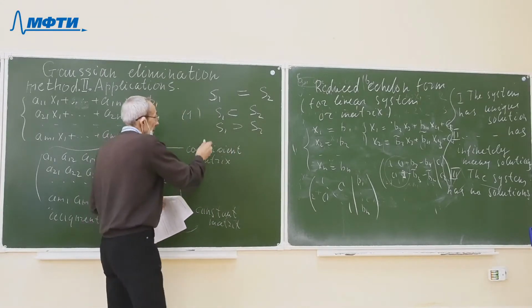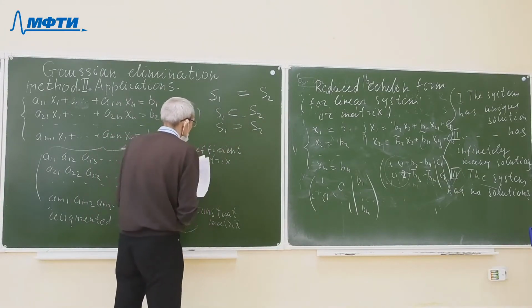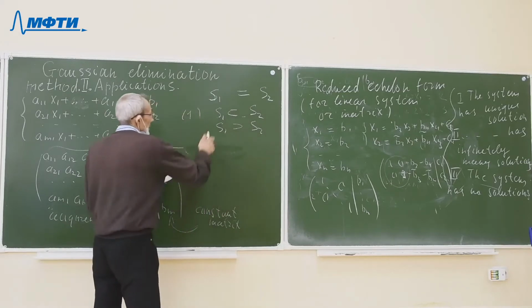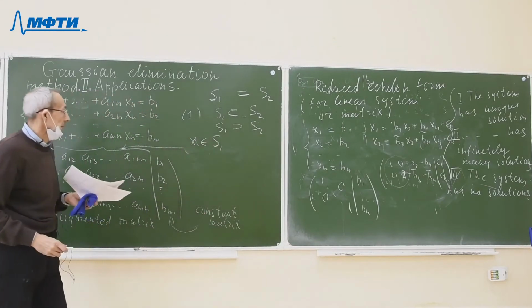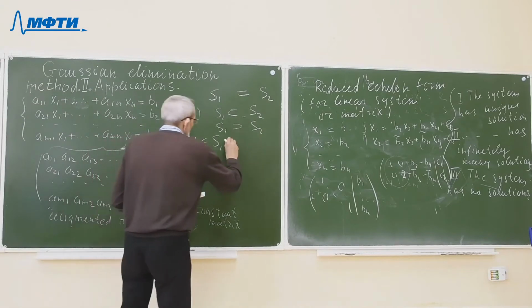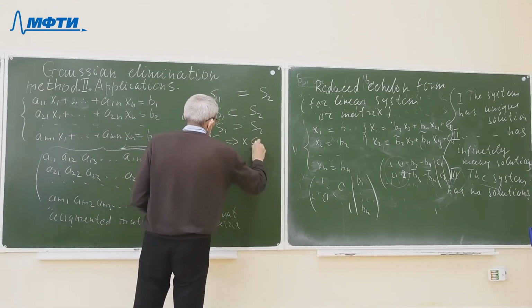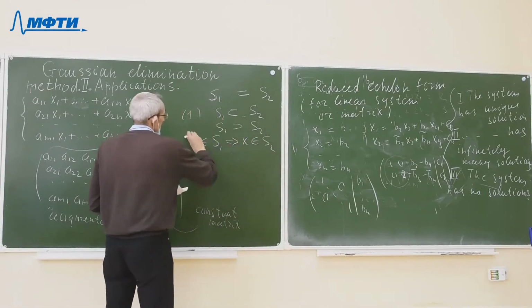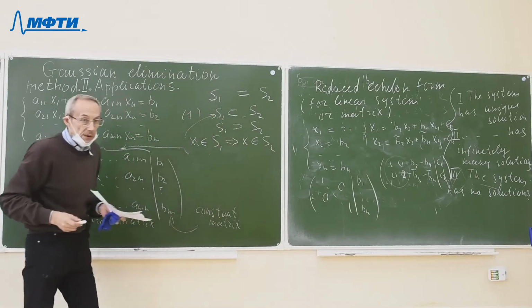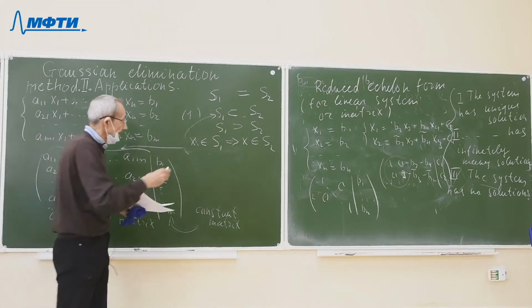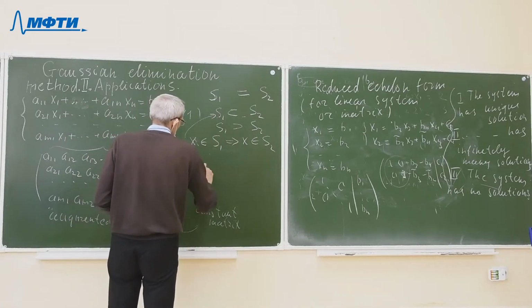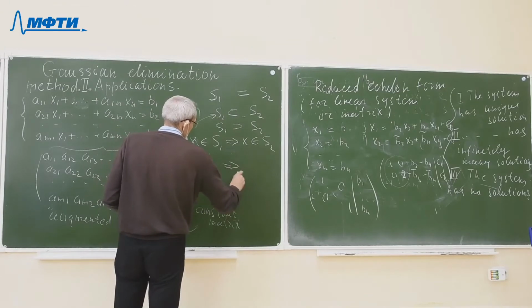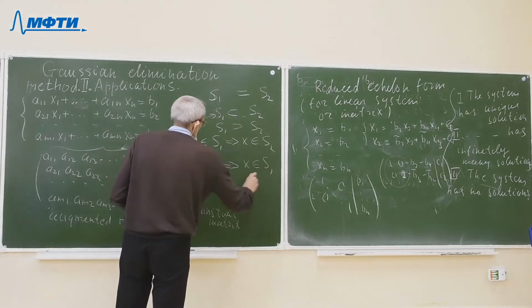What does this mean? If x is an element of S1, it follows that x belongs to S2. That is exactly the first embedding. And the second: if x belongs to S2, it follows that x belongs to S1.